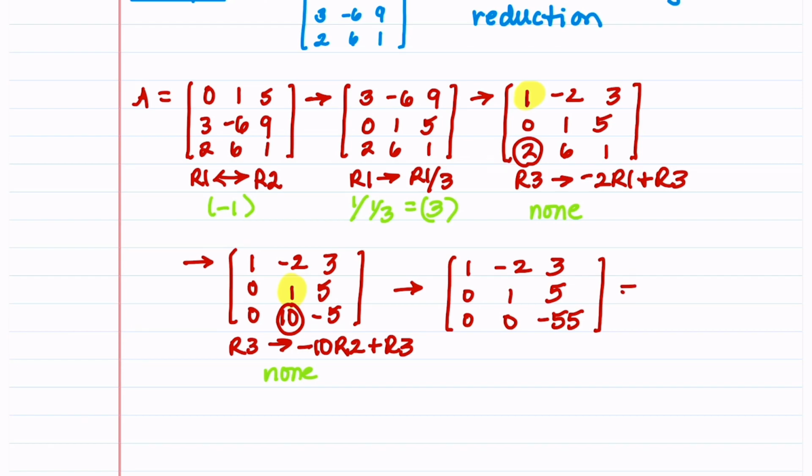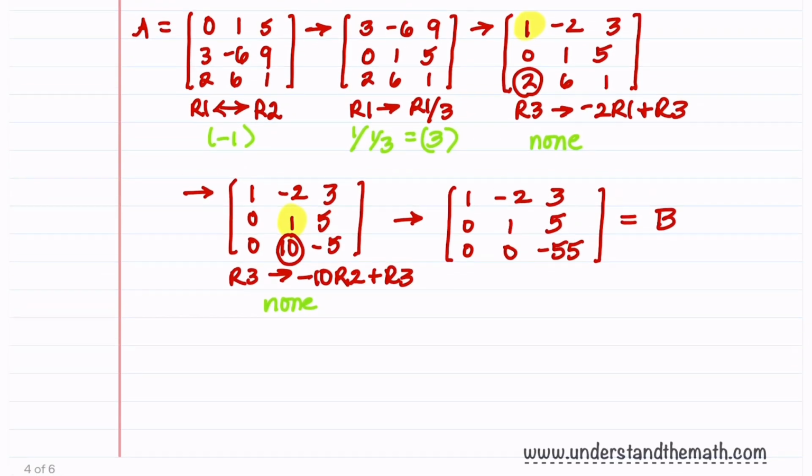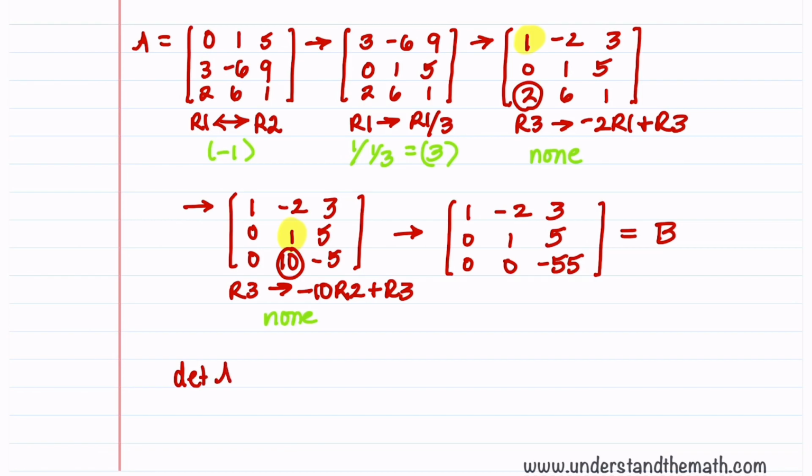And this is our matrix B. It's a matrix in echelon form, and it's also in triangular form. Our determinant A is equal to our changes times determinant B. Our changes are -1 times 3.